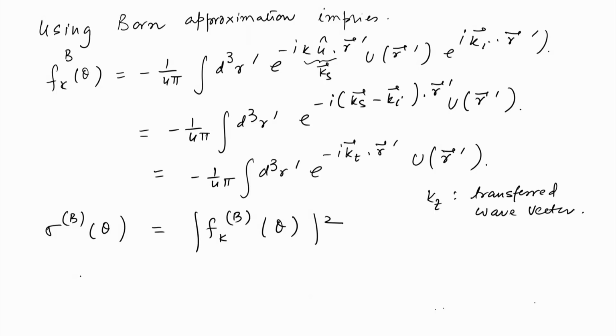And given that u(r) equals 2 mu by h cross square V(r), sigma_B, that is the scattering cross section, let me just write that to remind you once more, the differential scattering cross section.